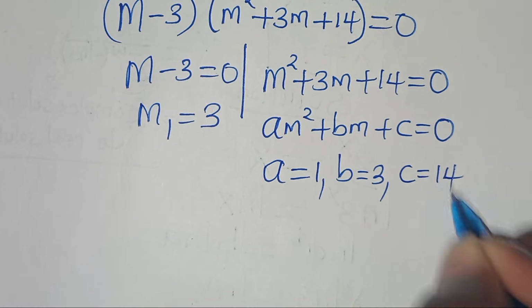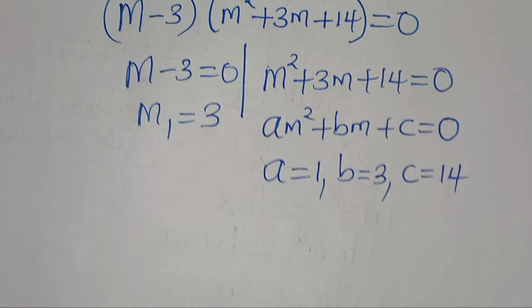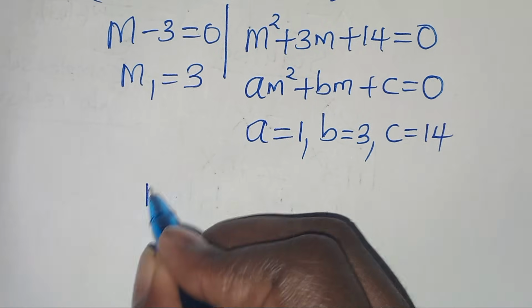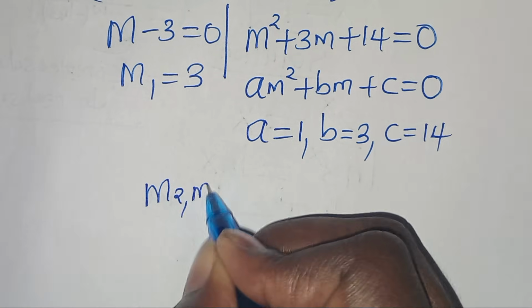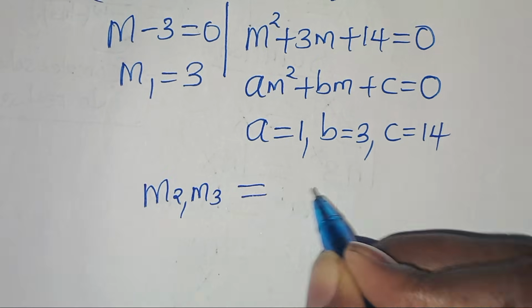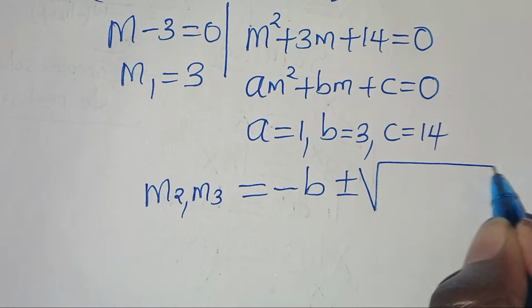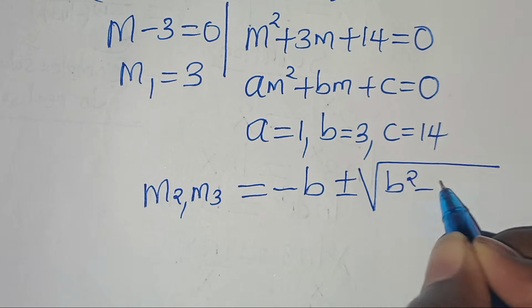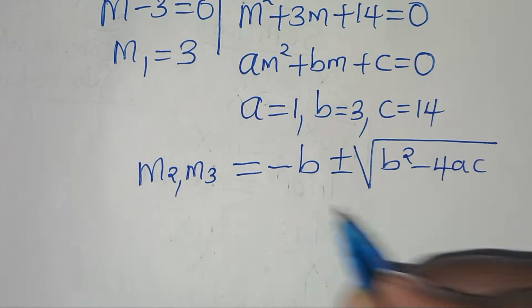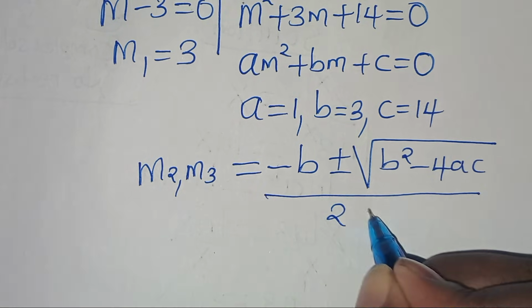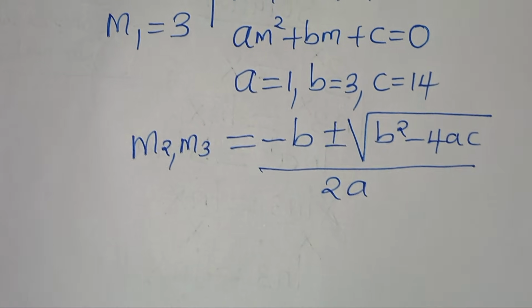Now, we can solve for m2, m3 by applying the quadratic formula, which is minus b plus or minus the square root of b squared minus 4ac, everything here divided by 2 times a.